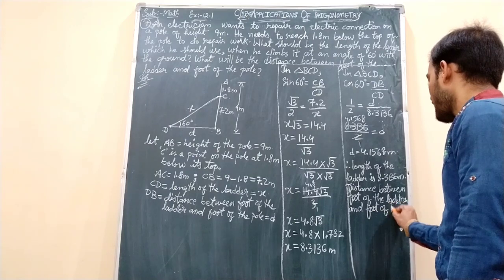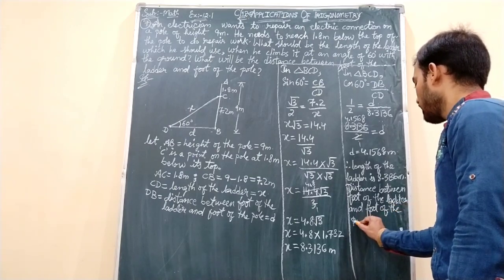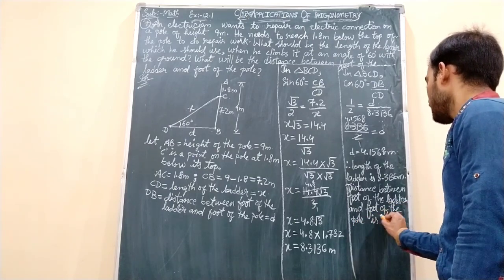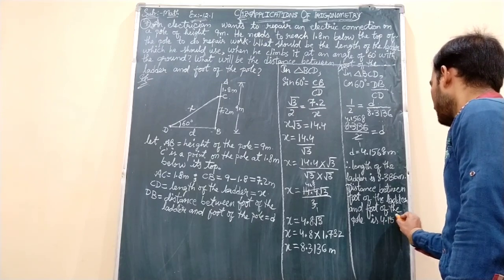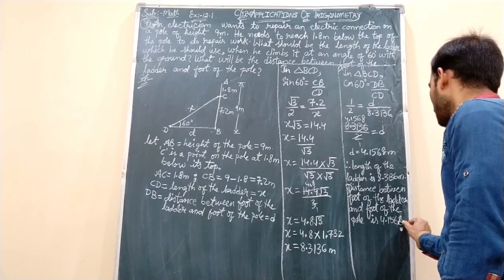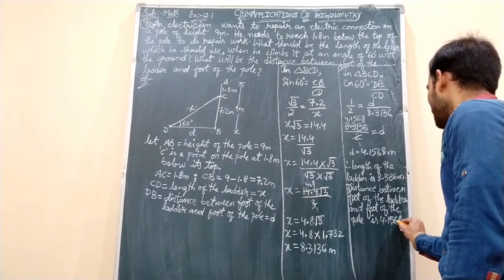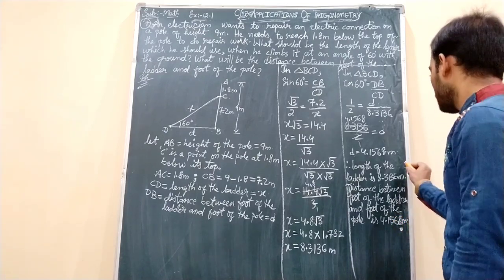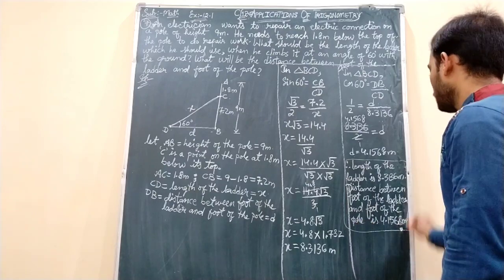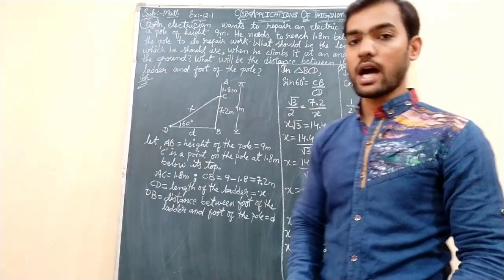Distance between foot of the ladder and foot of the pole is how much, students? It is 4.1568 meters. So keep this in a box. You got both the things that has been asked in the question.